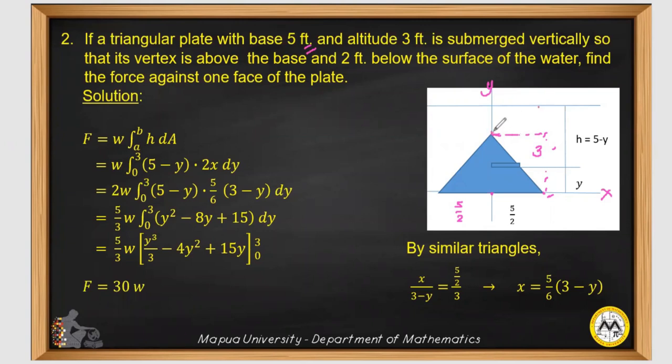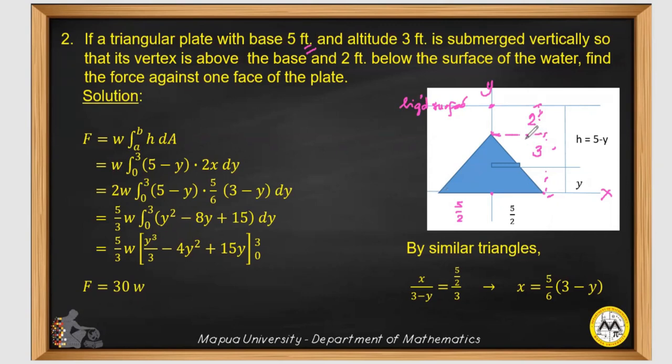So the distance from the vertex to the surface of the water is 2 feet. So this is 2 feet, meaning from the x-axis to the liquid surface. This is the liquid surface or the water surface. The distance of the base to the liquid surface is equal to 5 feet, 3 plus 2 is 5 feet.